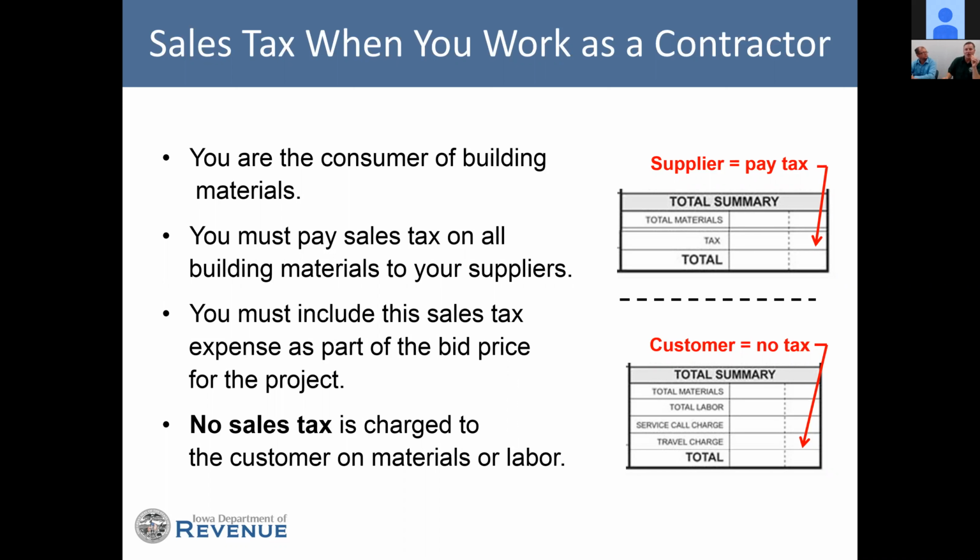In that situation, we would only tax the materials: the landscape materials, the trees, the shrubs. We wouldn't tax any of the patio materials because you already should have paid tax on them, and that's included in your price to the customer.